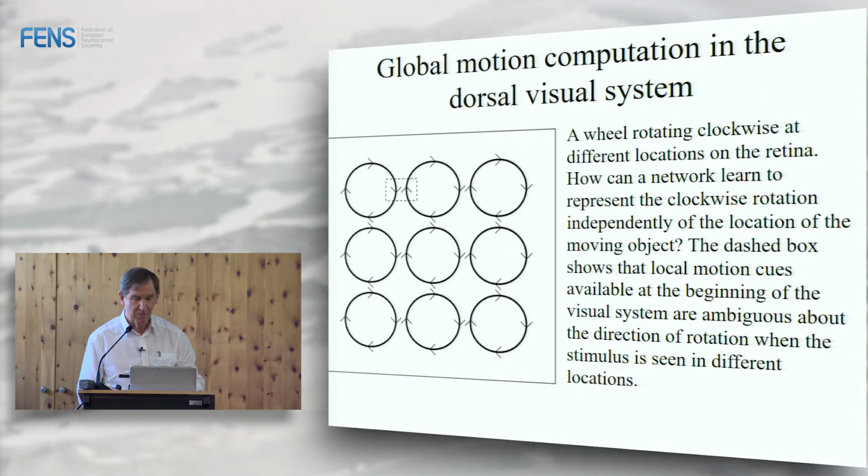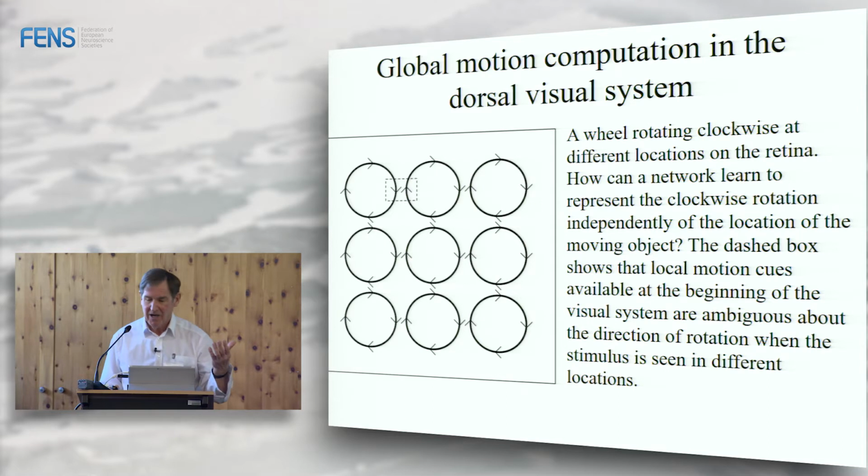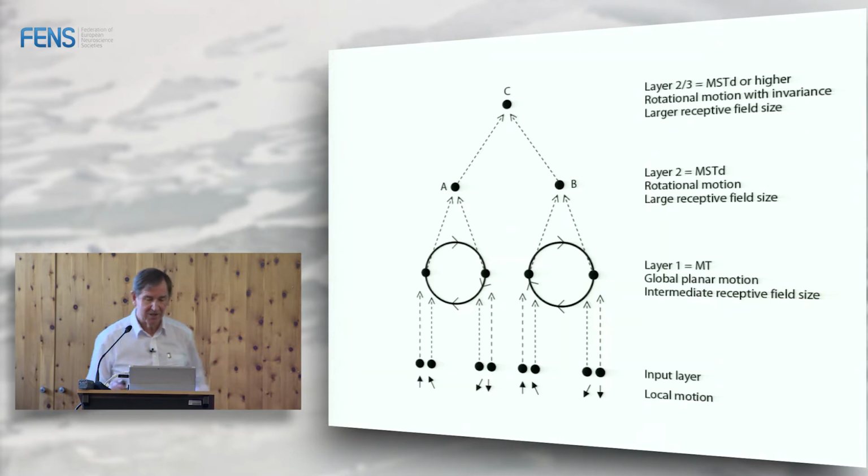Now, there's good evidence that that's computed in the dorsal visual system. The neurons actually can respond to global motion of objects like that. So how does it work? Well, we think it's just the same as VisNet. We have an input layer which now doesn't represent edges, but represents local motion, exactly what's represented early on: small movement of a degree or two across the retina. If you put together some motion signals in an early stage, you would get global planar motion.